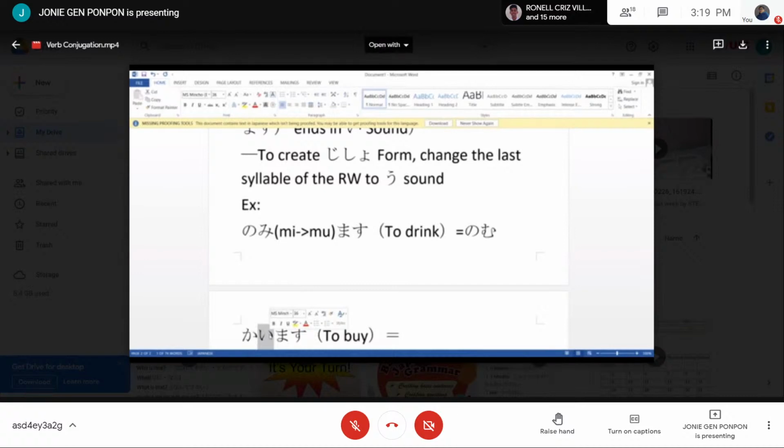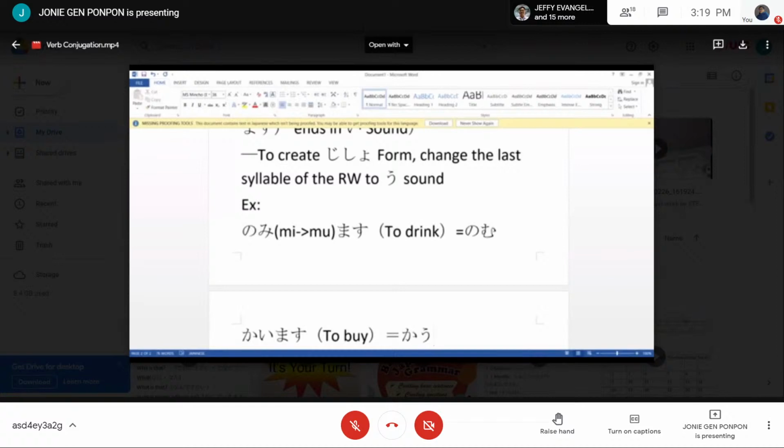Okay, so it's a, e, u, e, o. Okay, so your e there will become u. Okay, so the jisho form of the verb kaimas is now kau.